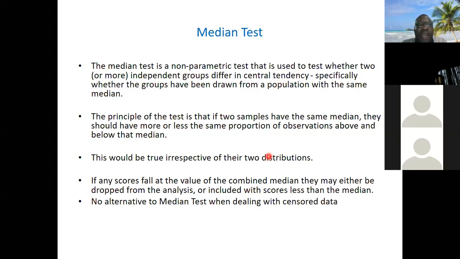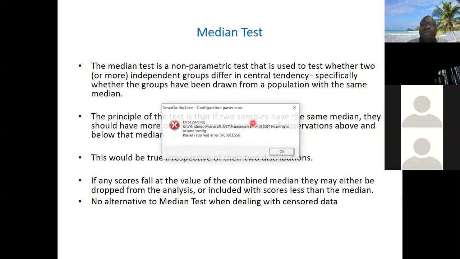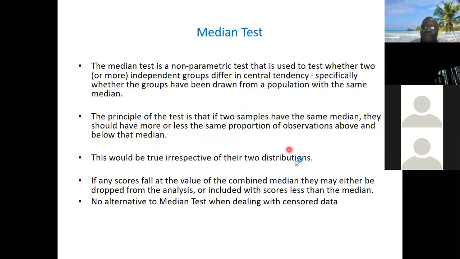Specifically, whether the groups have been drawn from populations with the same median. The principle of the test is that if two samples have the same median, they should have more or less the same proportion of observations above and below that median.